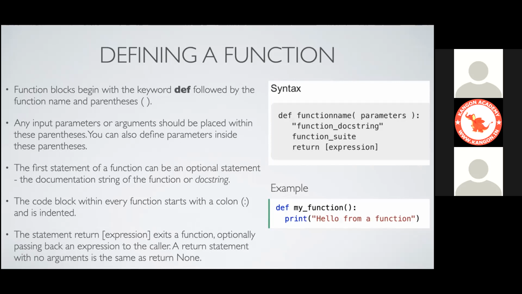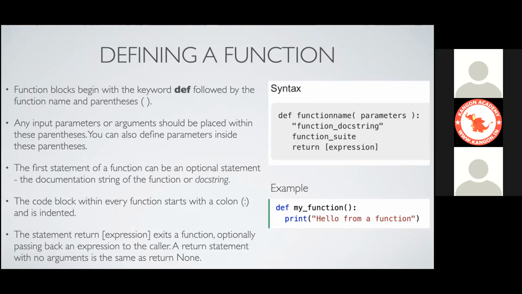If you don't need them, you just put the parenthesis, but you have to put the parenthesis. So you write def, then the function name, then the parenthesis, and if parameters are required, you put them inside that parenthesis.